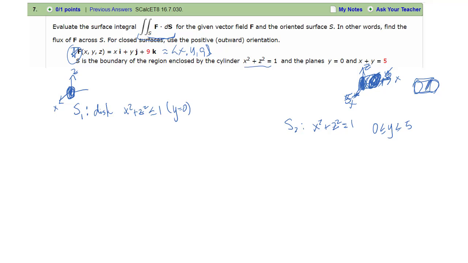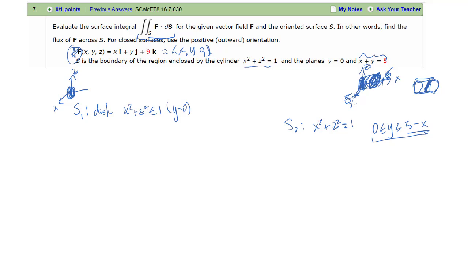But since this thing gets cut off at an angle, this needs to be described as where it gets cut off. And so it gets cut off at the plane x plus y is equal to 5, and so we want the y value of that. So if you solve for y, you get 5 minus x. So this is going to be your limits.